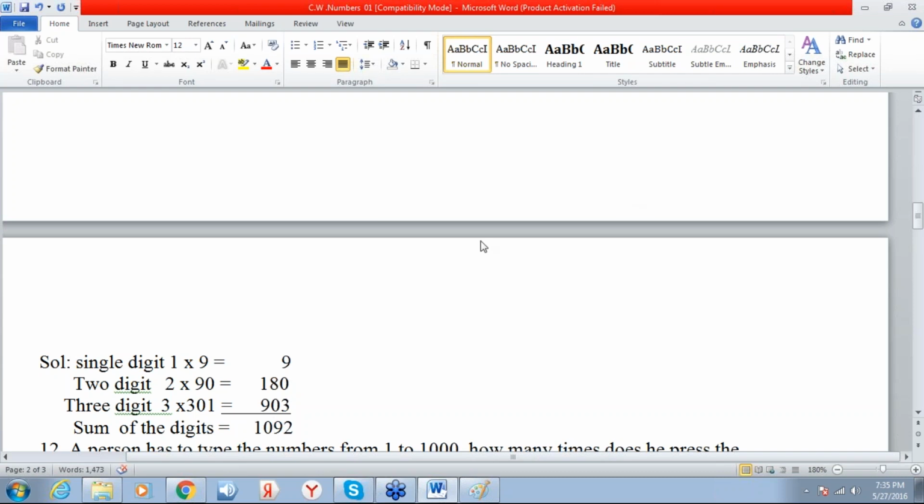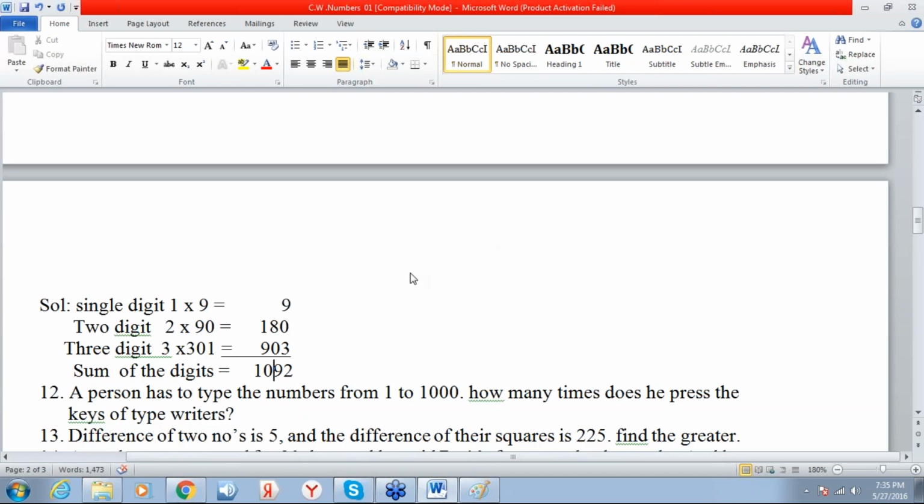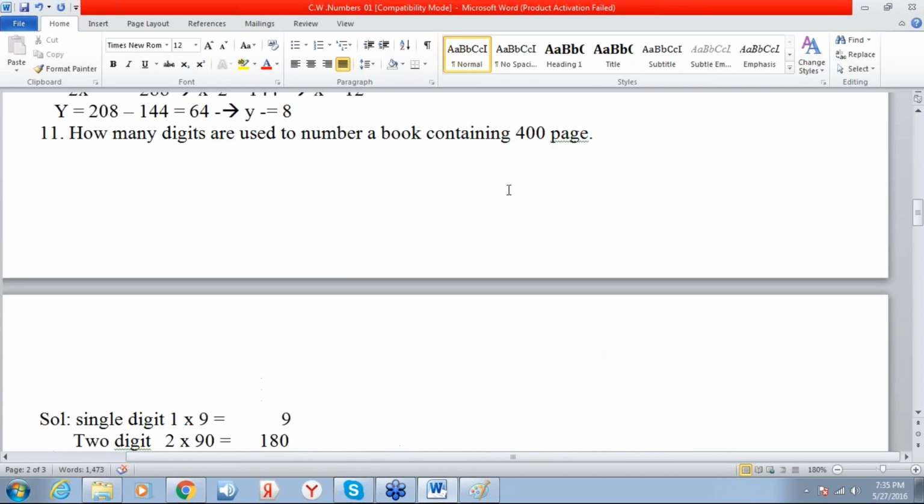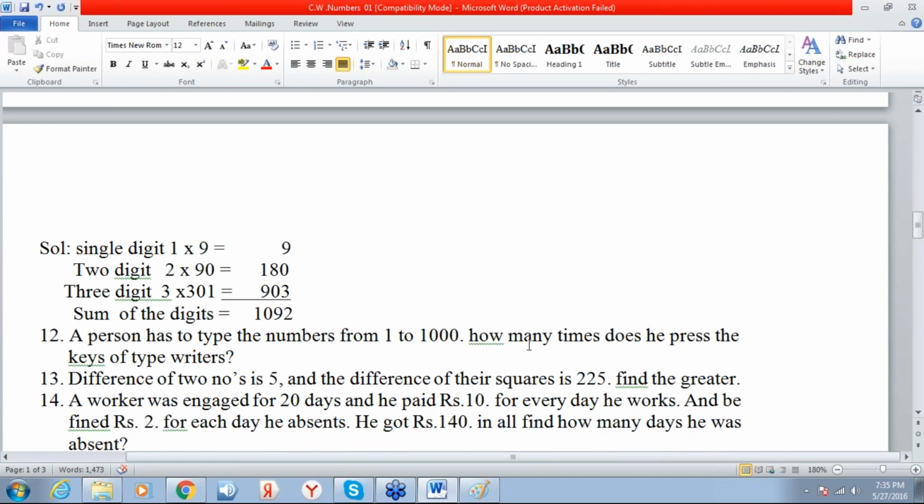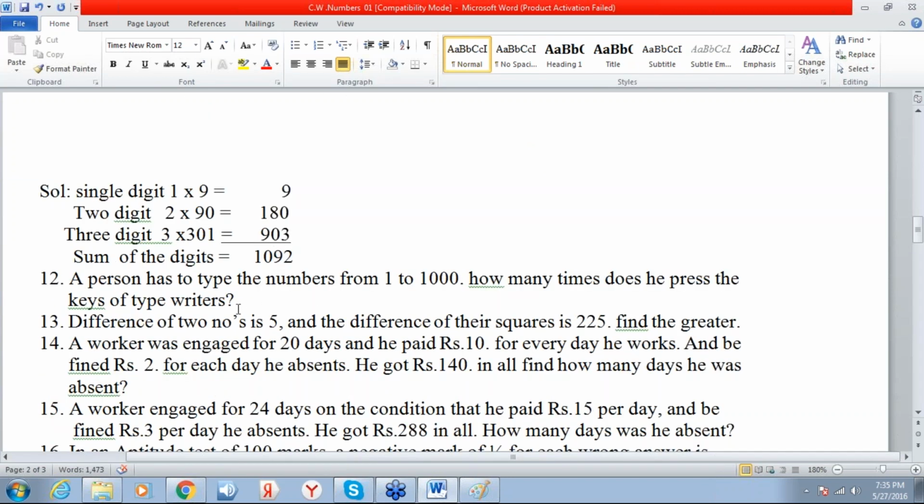So 1092 digits are used to number a book containing 400 pages. Okay? Right.